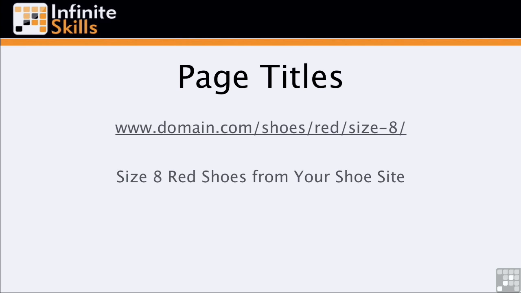You're going from specific to broad as you read from left to right, which is the opposite order of the URL. So a good page title for this page would be size 8 red shoes, and then you can tack on from your shoe site. This is a very descriptive page title that is based on the dynamic content. It's based on the user's search, but it's something that can be indexed. And if someone was to see this, they would know what they're going to see on that page. And that's what we want. We want them to be descriptive and very useful, both for search engines and for users.